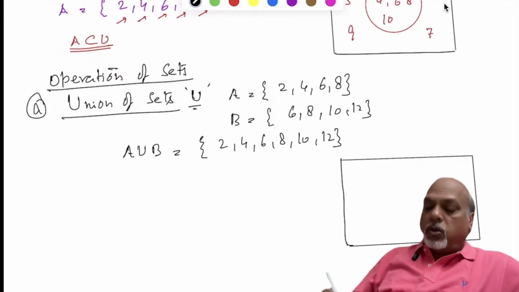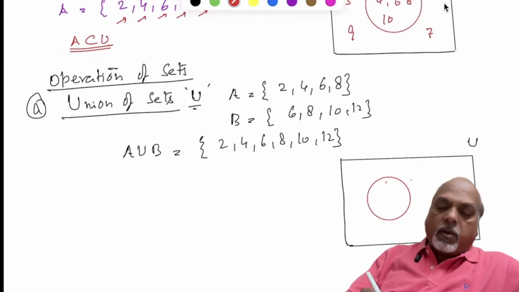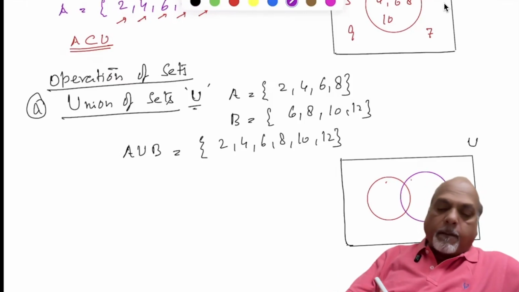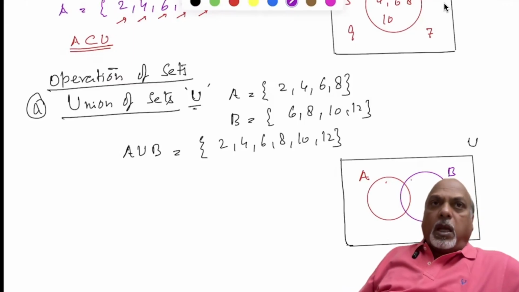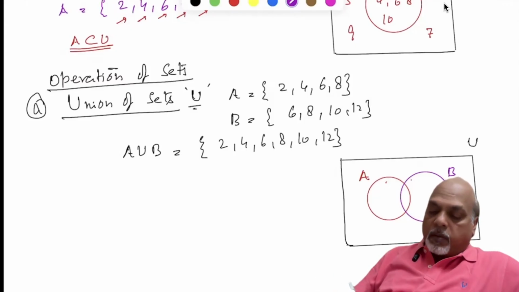This is your universal set, and here this is your set A, and this is your set B. If you see A and B, 6 and 8 are common.